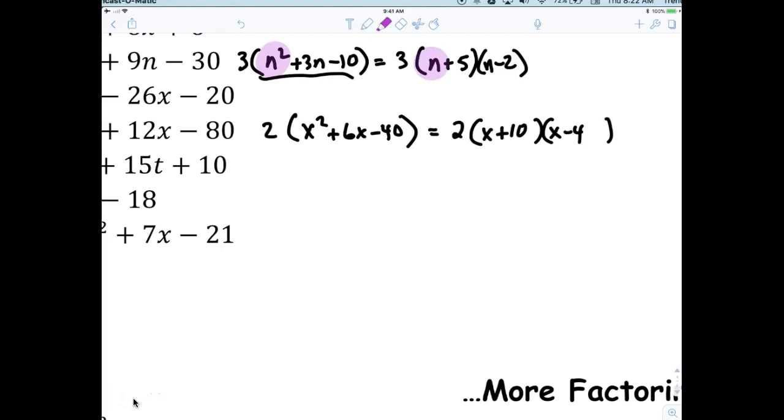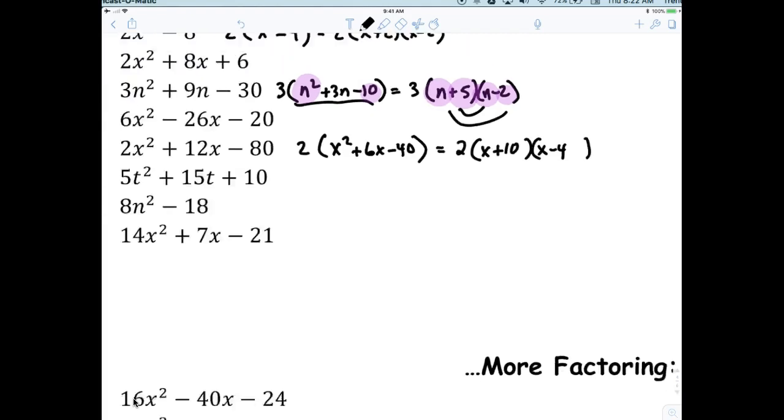That's n times n. Now I have 10 here. The factors of 10 are 5 and 2. So I put a 5 here and a 2 there. And then I figure out if it's plus or minus based off the smiley faces. Do you hear me? Okay.